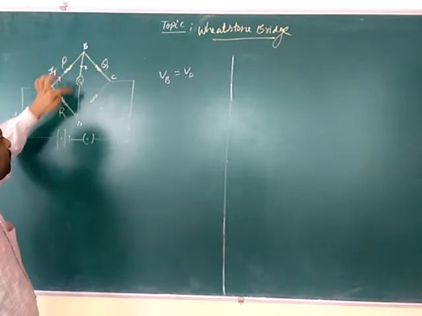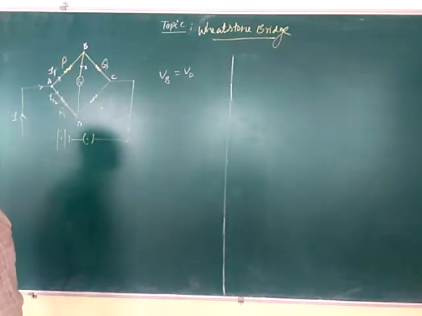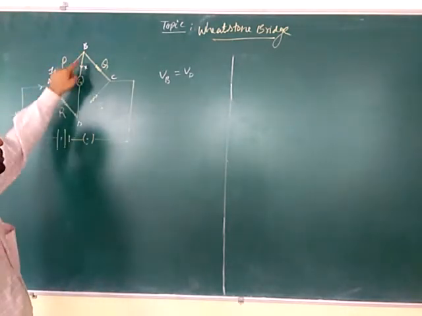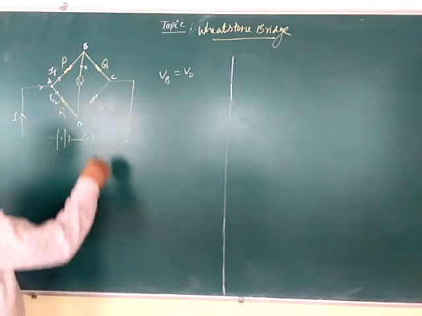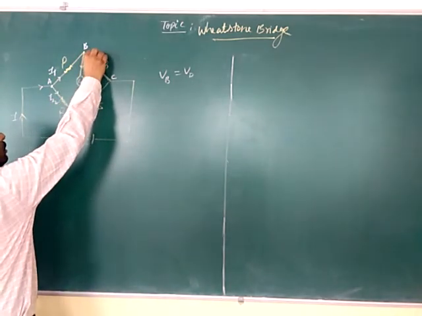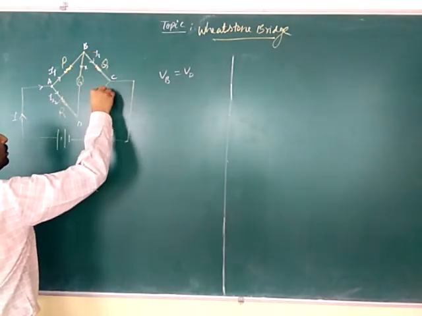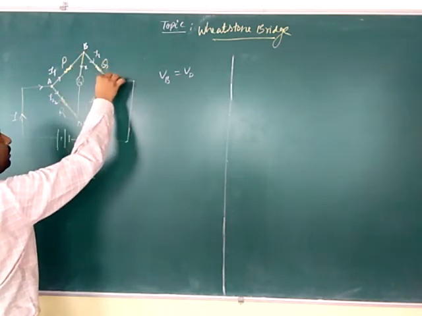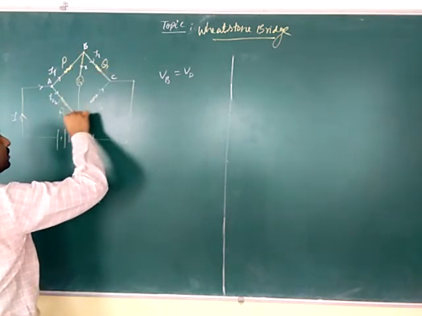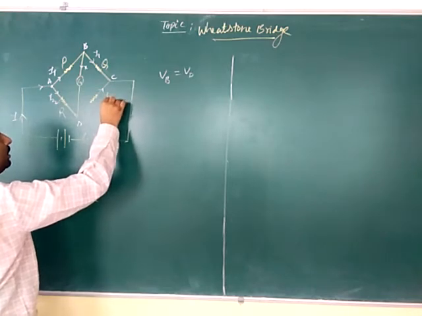Because these points are at the same potential, and the same current will flow in this arm also. Here I1 will remain the same, and here I2 will also remain the same.